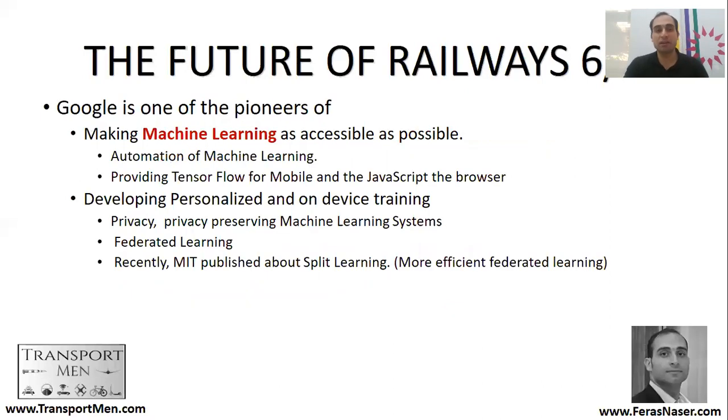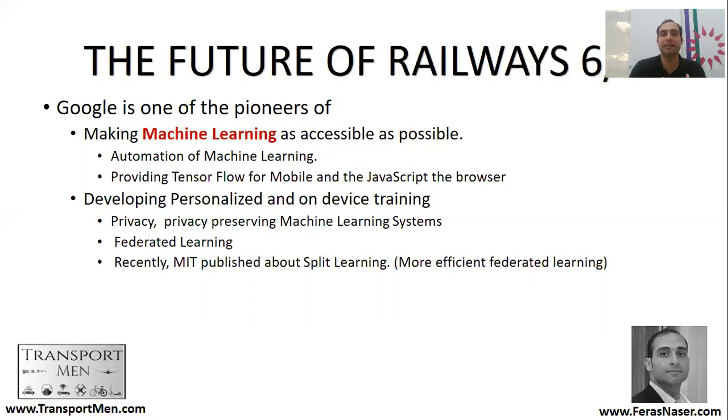The other company that we can learn from is Google. Google is really the pioneer of making machine learning as accessible as possible. We are talking about TensorFlow, we are talking about Keras, which made applying machine learning as easy as a breeze, and maybe 56% or 70% of the model development in Kaggle competitions is based on Keras.